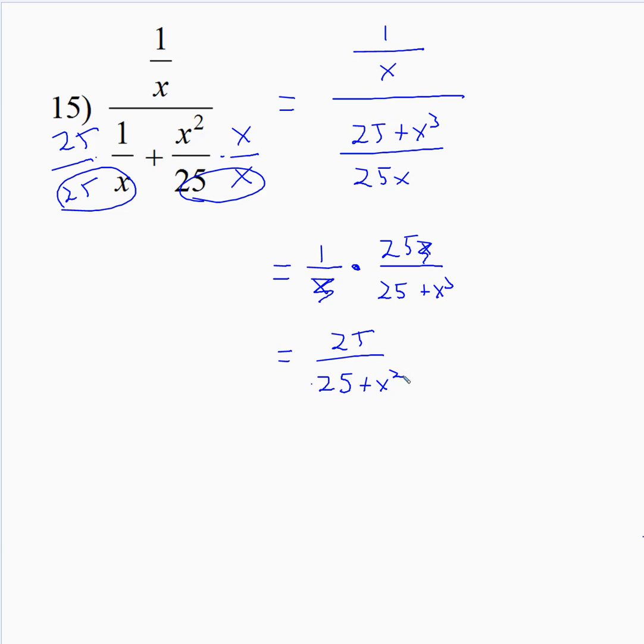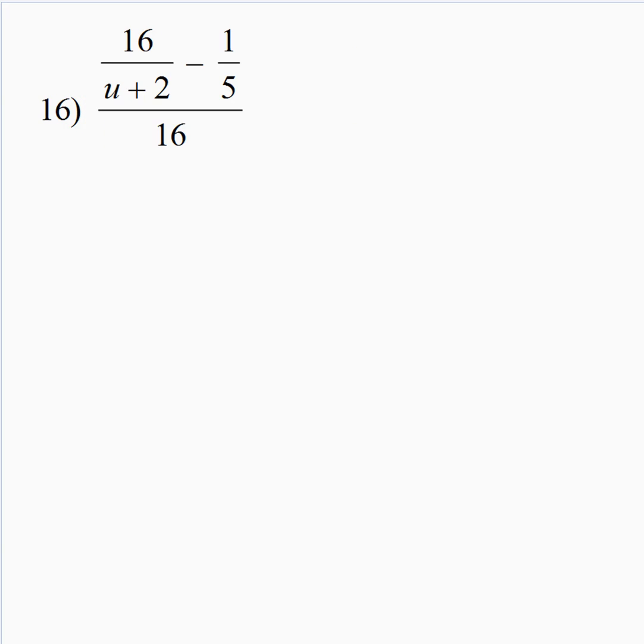And our last one for this part is another one similar to that. In this case, there's a sum of fractions in the numerator, so we're going to add those. Our common denominator of these two is, this one needs a 5, and this needs a u plus 2.